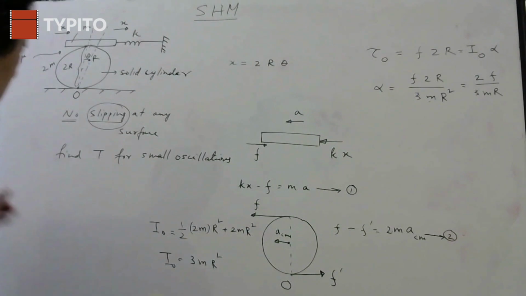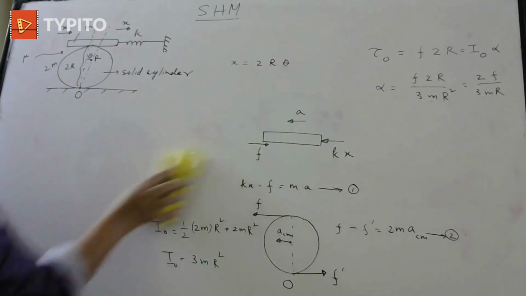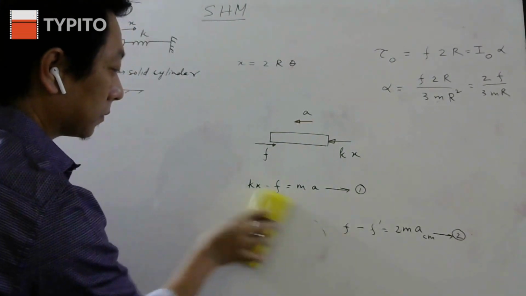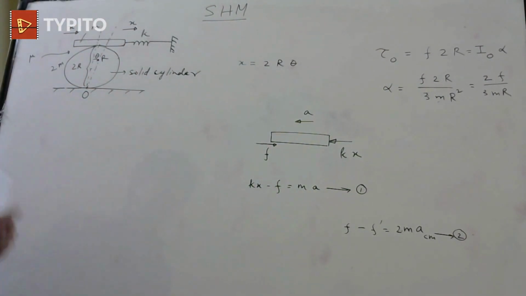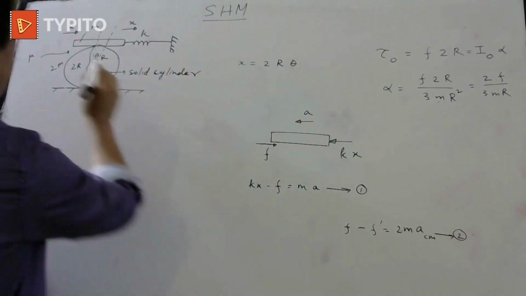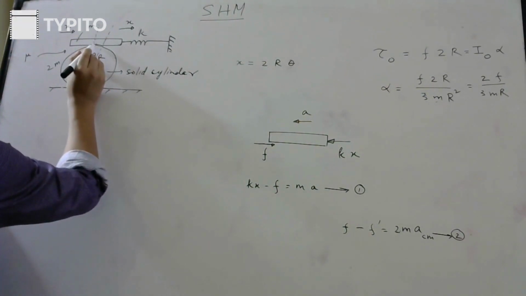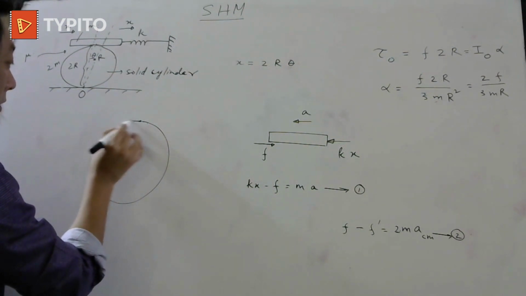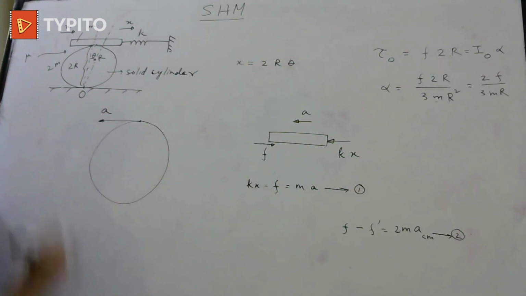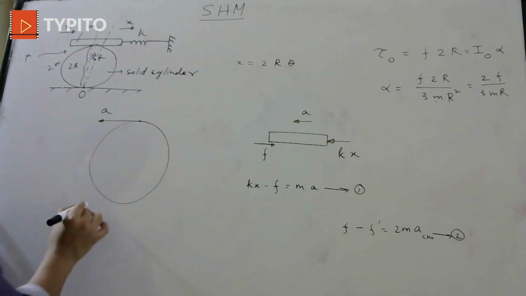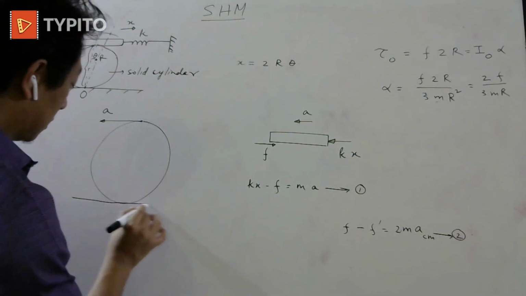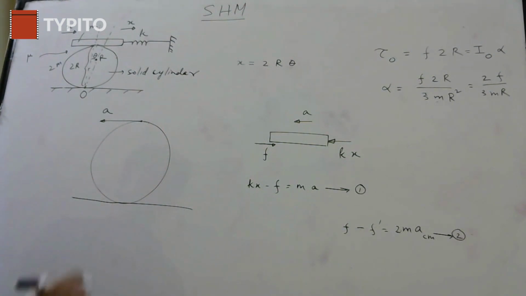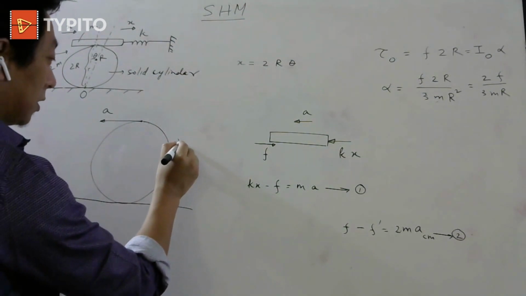So let us get some space. So to find a, a is the acceleration of this plank, which means the acceleration of this point in the cylinder. Okay, now you know that this body is rolling without slipping. So what is the condition for rolling without slipping?